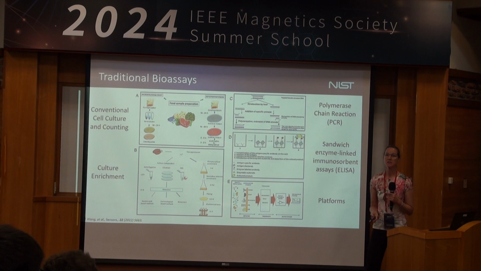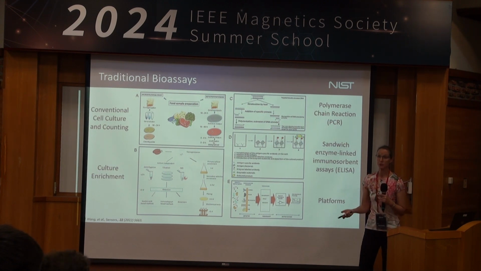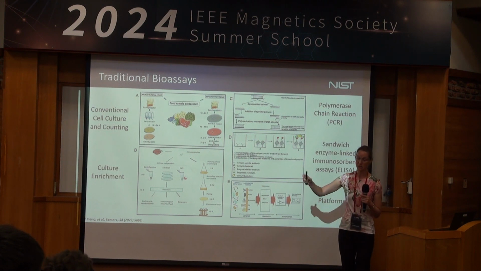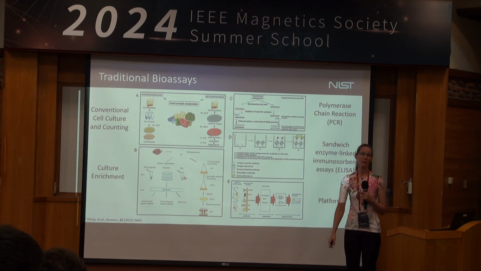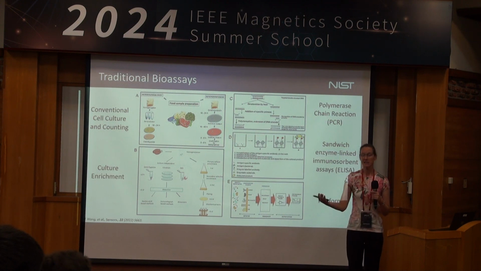And there are many ways of doing these kinds of assays that already exist. The most common one is cell culture. Basically, you take a swab of whatever it is you're looking at, you put it on cell growth media, you put it in a petri dish, put it in an incubator, come back a couple days later. It takes a while to do because what you're looking for is visible colonies of cells.